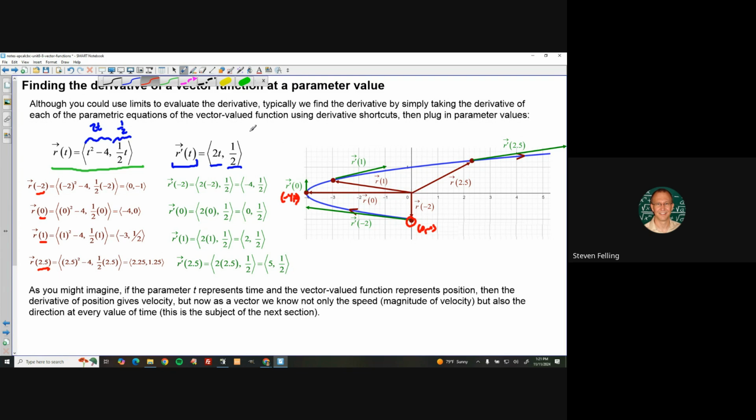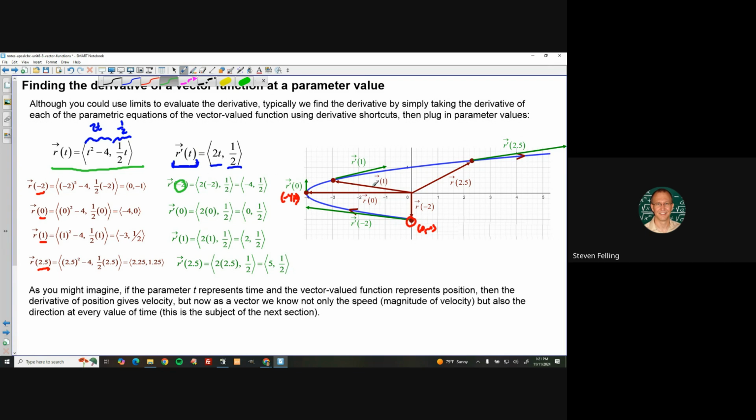Okay. But what about this r prime vector? So the r prime vector, if I plug in a parameter time like -2, I'm going to get the tangent vector at that point, which in this case is -4, 1/2.